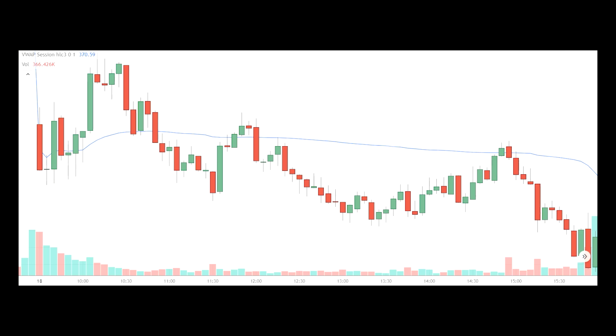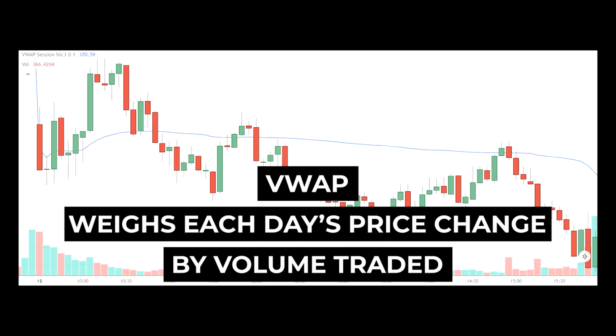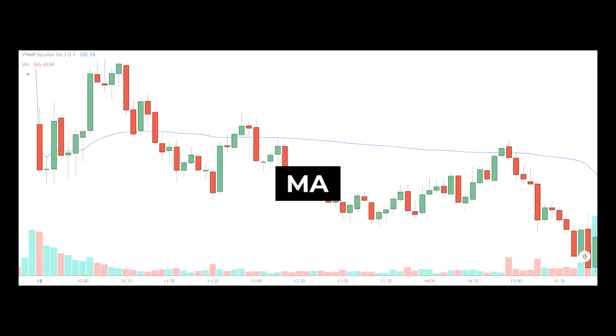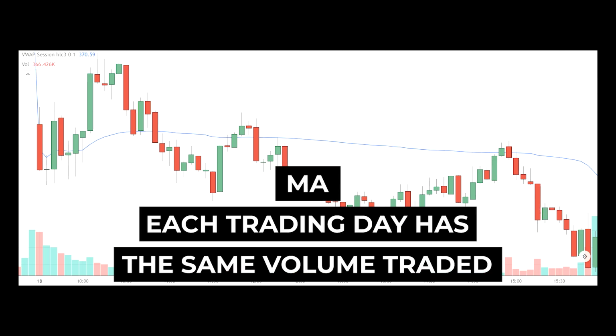But the biggest difference is the moving averages do not take into account the level of volume that a stock has traded at, meaning that the VWAP weighs each day's price change by the amount of volume occurring on that day, whereas the moving averages assume that all trading days have the same level of trading volume.